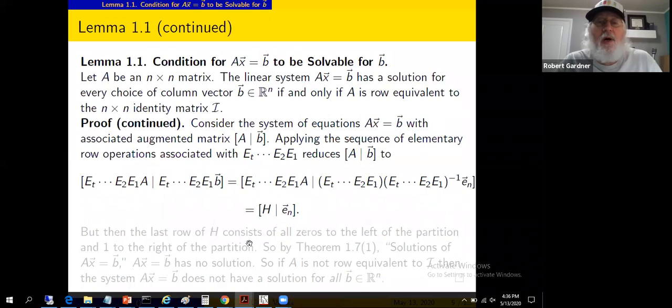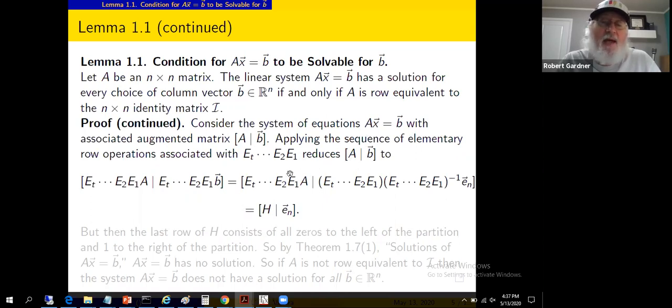Okay, so let's take then the system of equations, AX equals B, and watch something go wrong. It has augmented matrix A augmented with B. What we're going to do is apply these elementary matrices, or if you like, the corresponding elementary row operations, to the augmented matrix. That's going to reduce A augmented with B to something else.